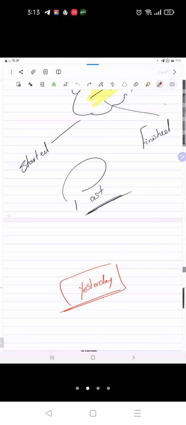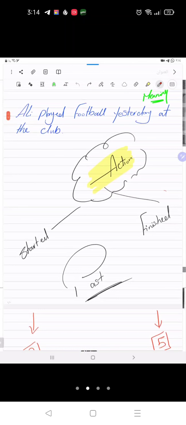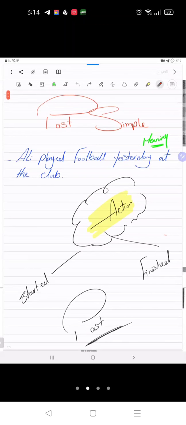Let us say that Ali yesterday started playing football at 2 o'clock, and he also finished it at 5 o'clock. So the beginning of the action and the ending of the action, both of them were in the past. So it is called the past simple. The meaning, is it clear or not?